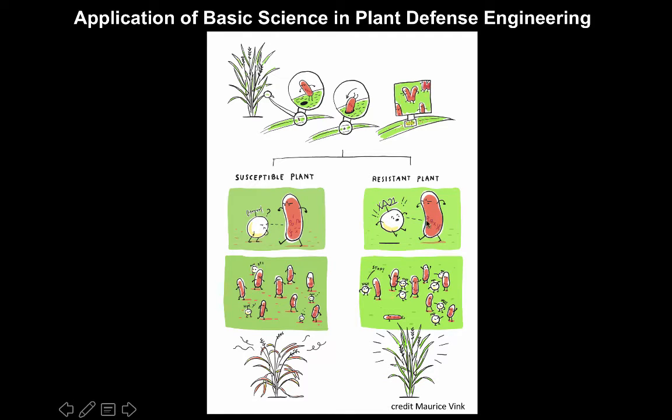When XA21 recognizes this protein of the bacteria, it can initiate a defense response and fight off the bacteria, stop its replication and multiplication, and quarantine, so to speak, the bacteria, and the plant stays healthy.